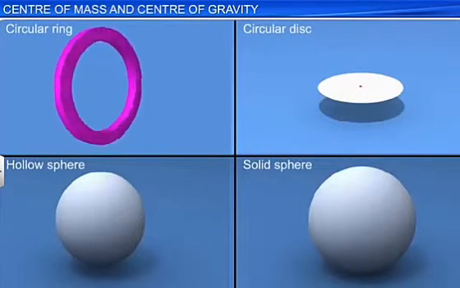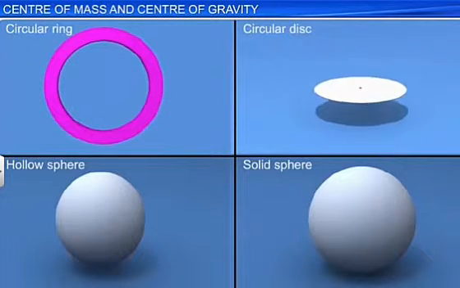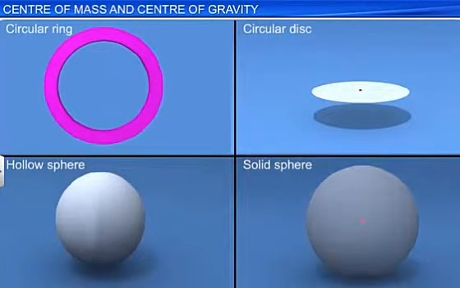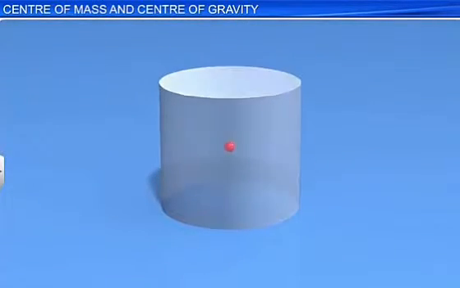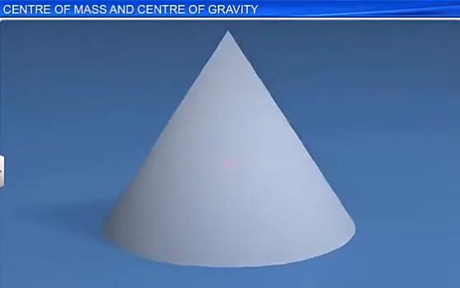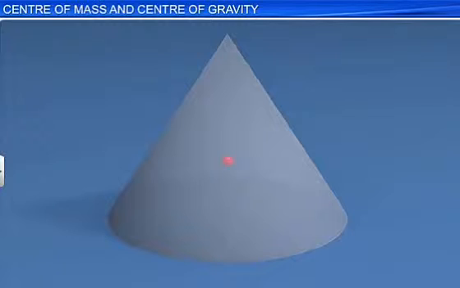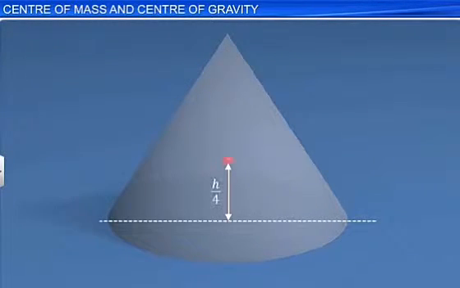In case of a circular ring, circular disc, or a sphere, their centers of gravity coincide with their geometric centers. For a right cylinder, G is at the midpoint of its axis. In case of a solid cone, the center of gravity is at a point on the axis and at a height h/4 from the base.